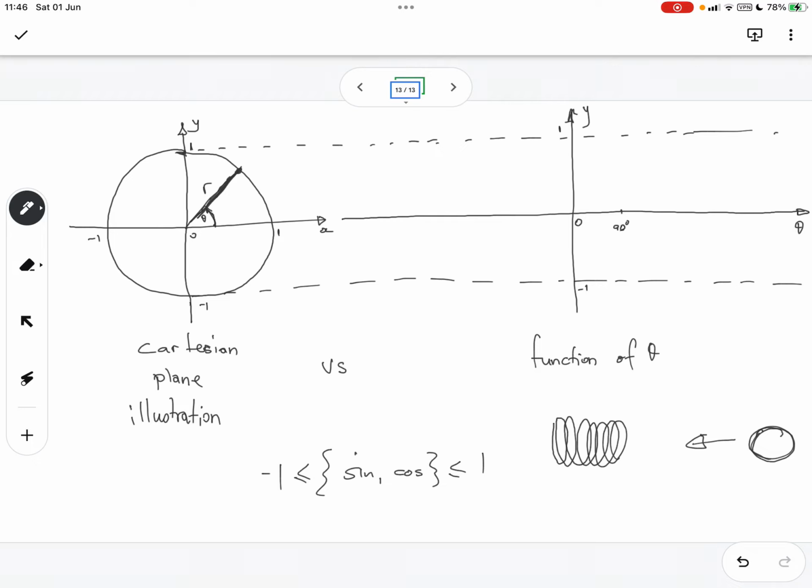At some point it passes 90 degrees. At another, 180 degrees. At another, 270 degrees. And at another point, 360 degrees, right? And we can look at it also in the opposite direction because we have negative angles.